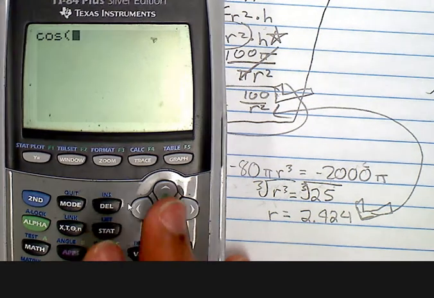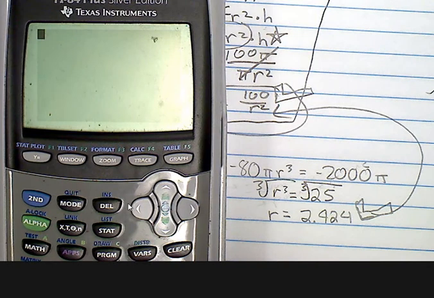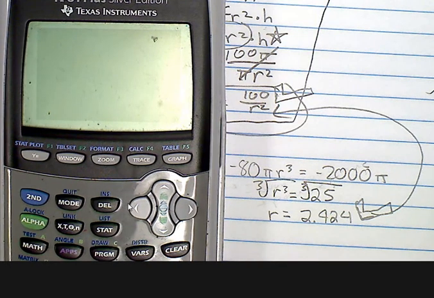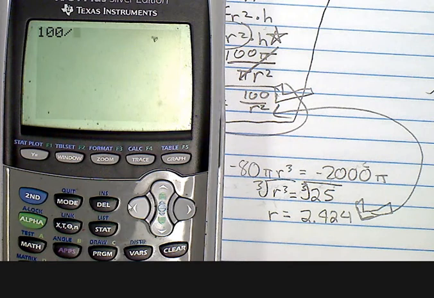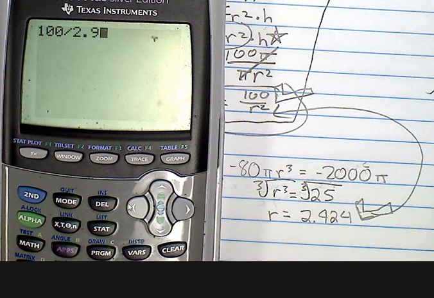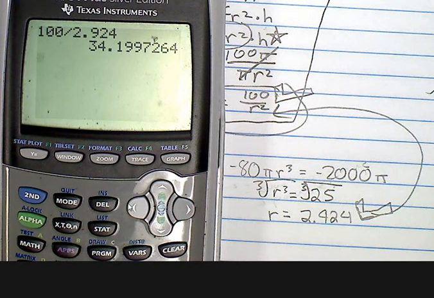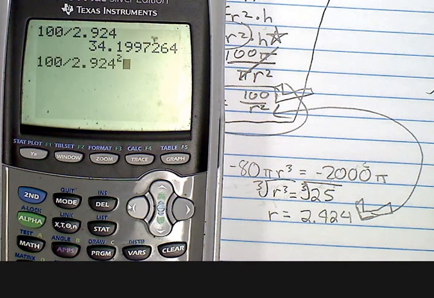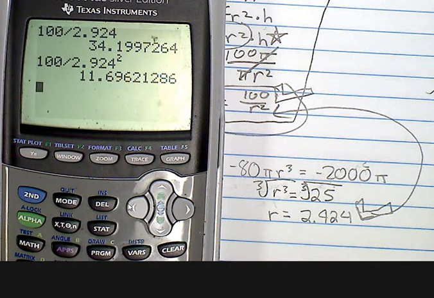We talked about this yesterday, because it's not the whole decimal. 100 divided by 2.924, or 2.924 squared, would still be incorrect. It's close to the answer, it's not exactly accurate.